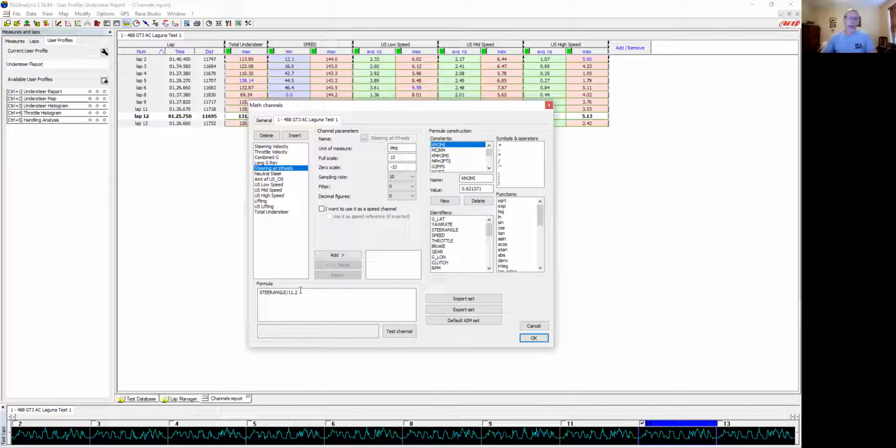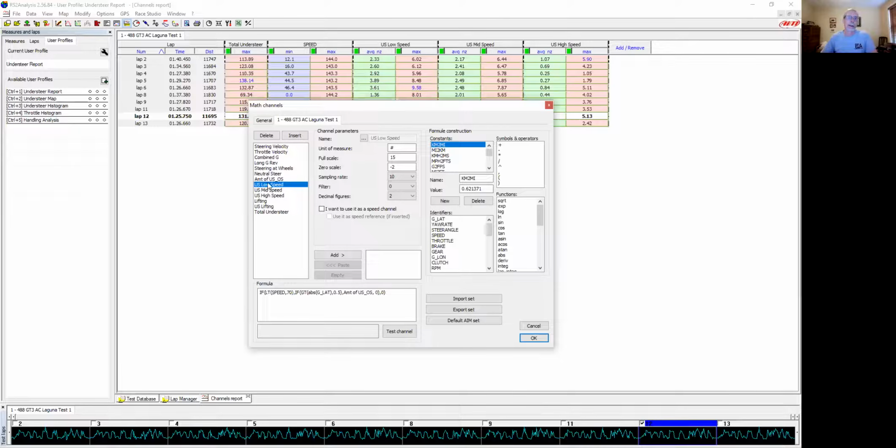I've got the steering angle and I'm dividing it by the steering ratio of 11.2. Neutral steer, this is the formula that we were looking at. I'm using the wheelbase in inches and converting it to feet, the speed, and lateral G's, and converting everything into degrees by multiplying by 57.2958. The amount of understeer or oversteer is, again, just the absolute value of the steering at the wheels minus the absolute value of the neutral steer.